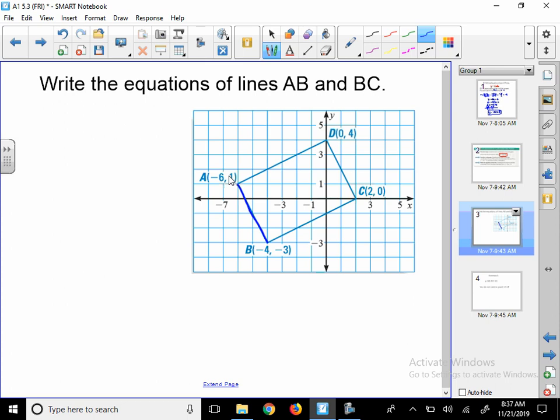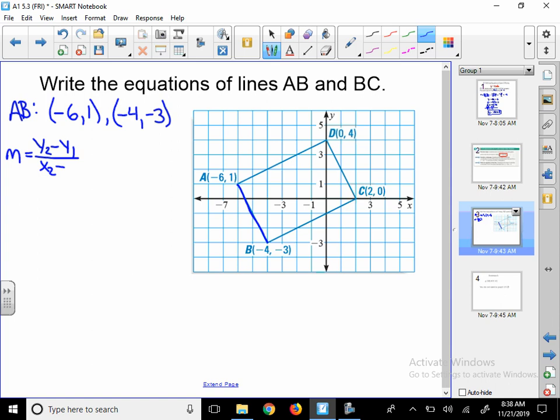So the 2 points that I'm going to work with are (-6, 1) and (-4, -3). Okay, and if we just got to write the equation of those lines, we start and we find our slope. Slope is equal to y sub 2 minus y sub 1 divided by x sub 2 minus x sub 1.